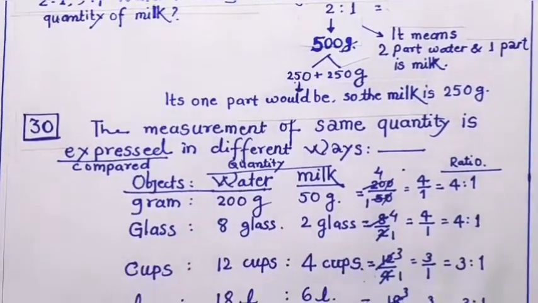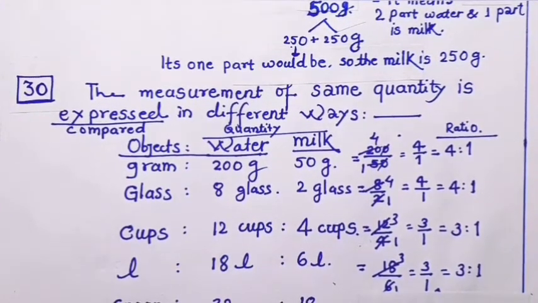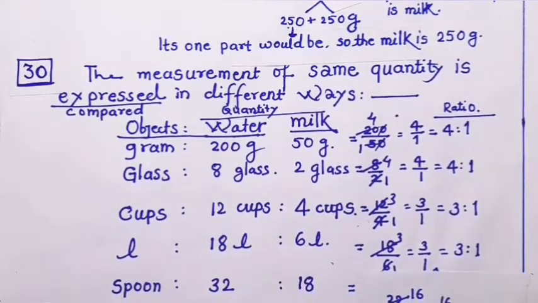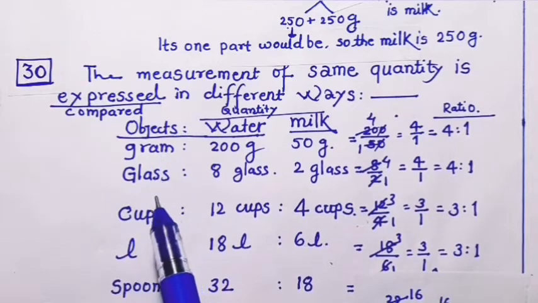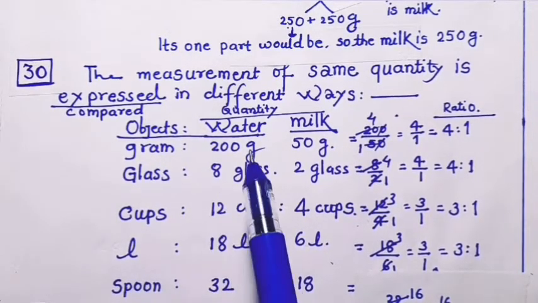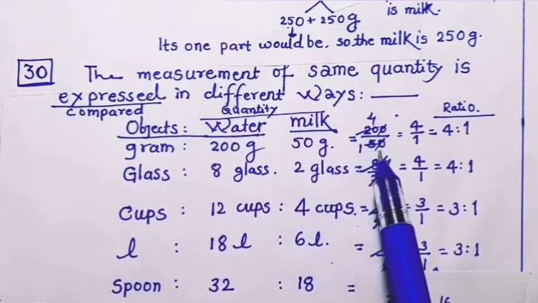The last number is 30. The measurement of the same quantity is expressed in different ways. You can see here is written objects in gram, glasses, cups, liter, a spoon. Suppose water 200 grams, milk 50 grams, then it would be written in this way.